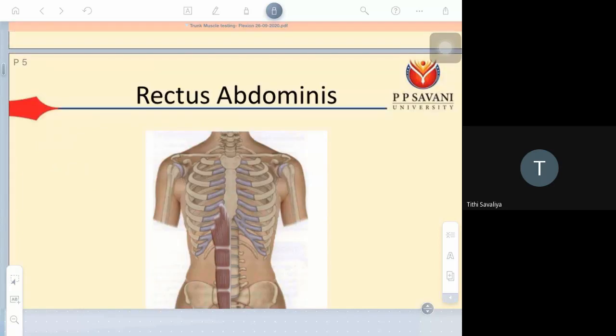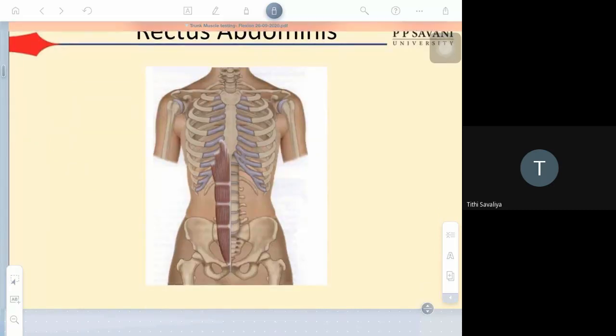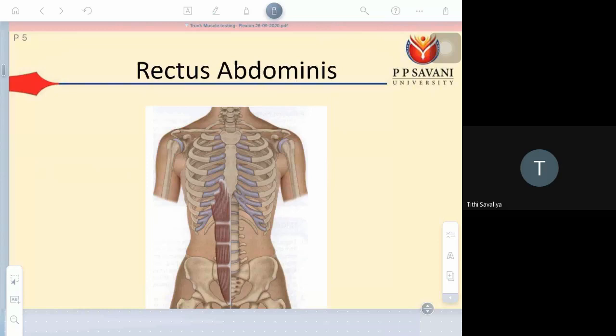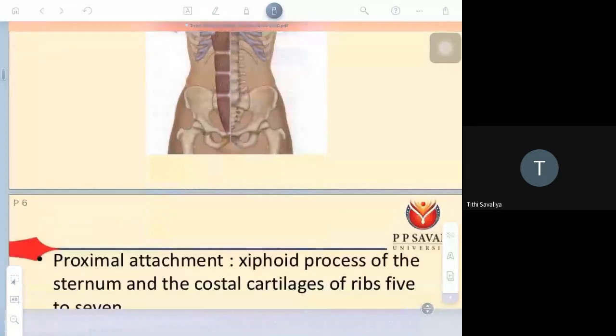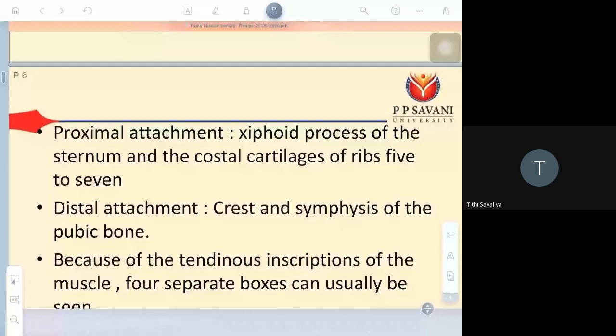I'm not going into detail about the anatomy, so we will discuss only origin and insertion, that is proximal attachment and distal attachment of rectus abdominis. Proximal attachment is xiphoid process, costal cartilage of ribs 5 to 7.